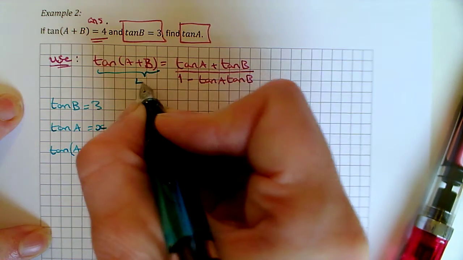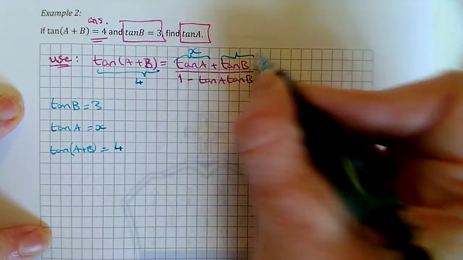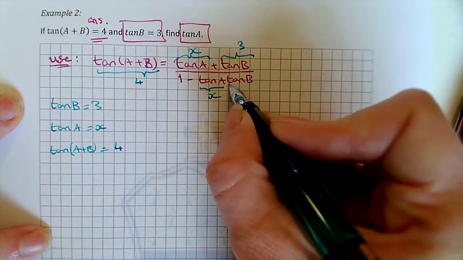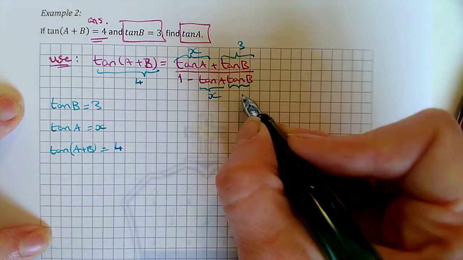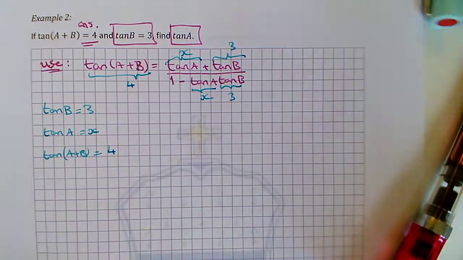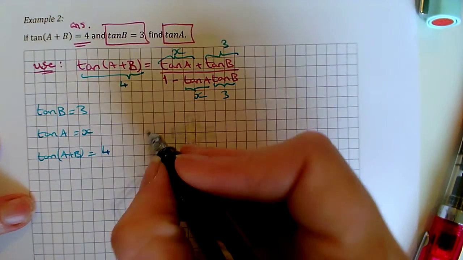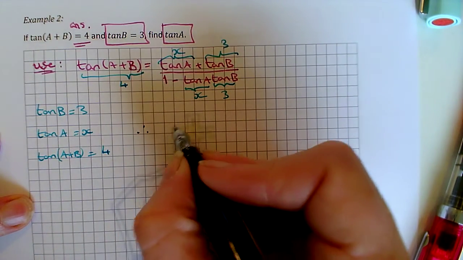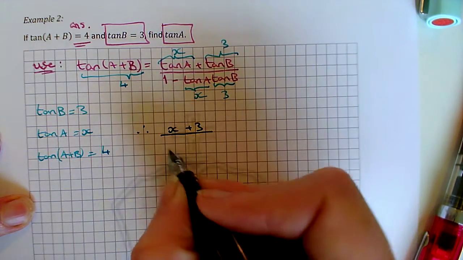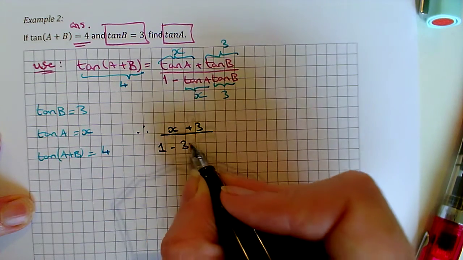So this will be 4, this will be x, this will be 3. 1 will stay as it is. This will be x and this will be 3. And we fill into the formula. So filling into the formula, we get tan of a, x, plus 3 over 1 minus tan of a, x times 3. I'll just write it like this.